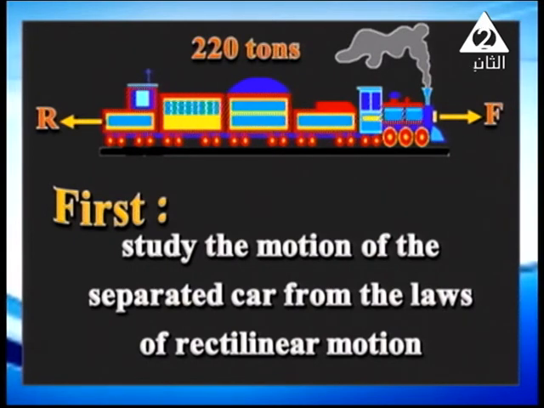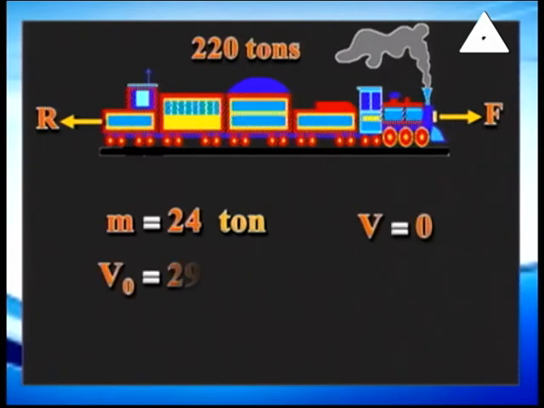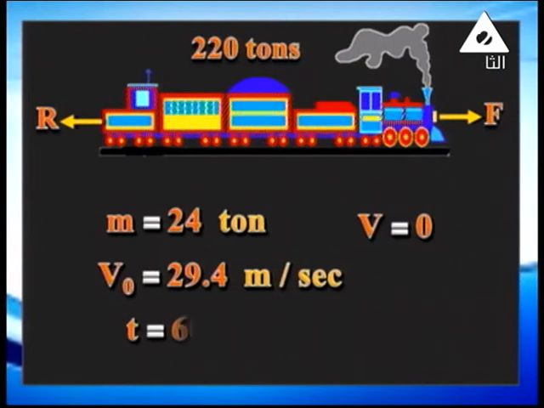First, study the motion of the separated car from the laws of rectilinear motion. M equals 24 ton, v equals 0, v naught equals 29.4 meter per second, and t, 1 minute, equals 60 seconds.